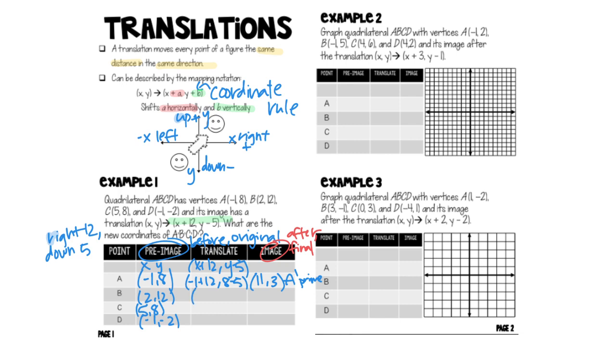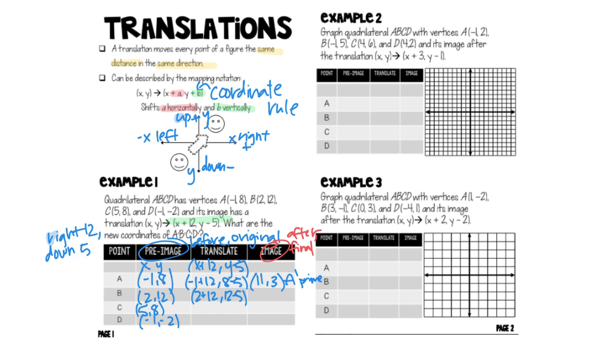So my x here is 2. 2 plus 12. And then my y is 12. 12 minus 5. So every single time, what I'm doing is adding 12 and subtracting 5. All right.